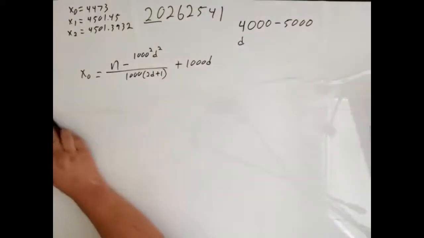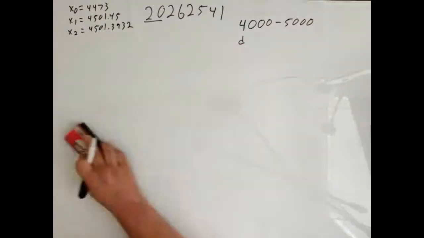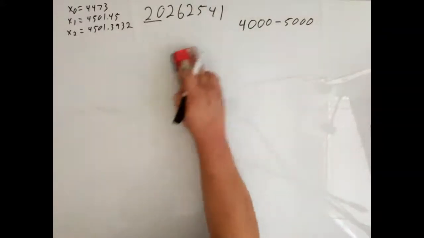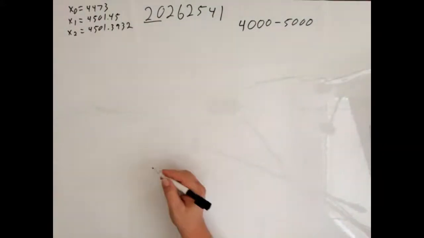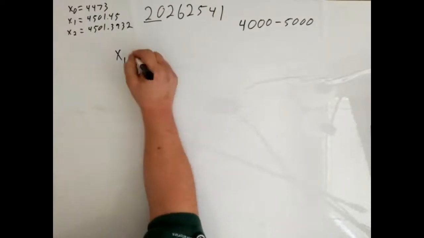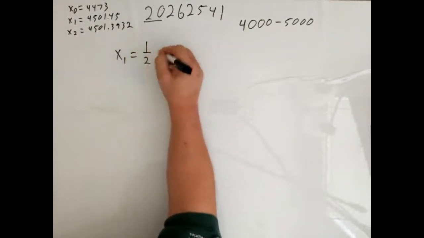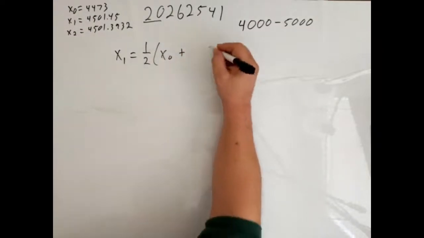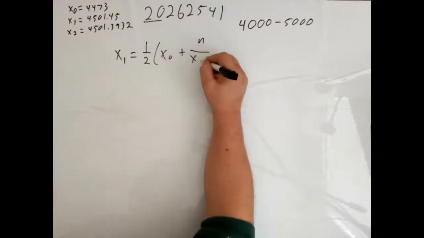Well, what I haven't mentioned so far is that this method is based on something called the Babylonian method. It's a method of finding square roots that is thousands of years old. And how it works is it's an iterative function that says x1 equals 1/2 x0 plus n over x0.